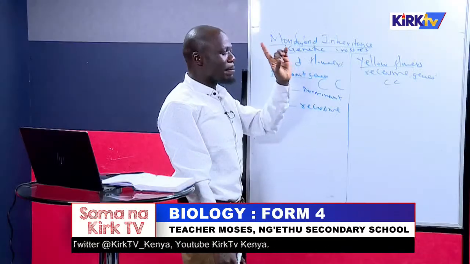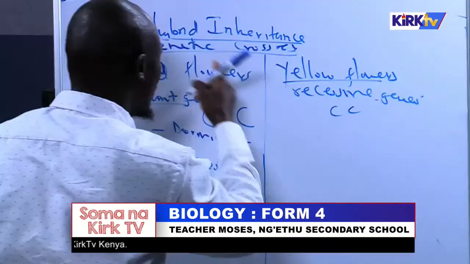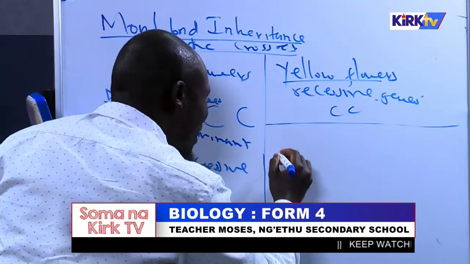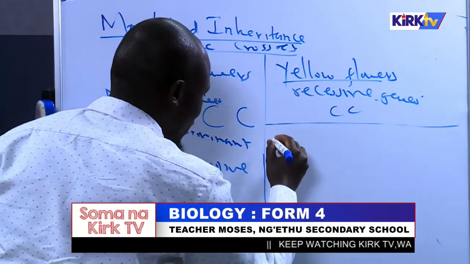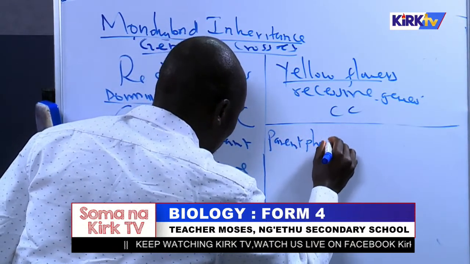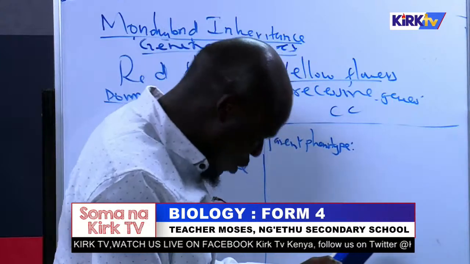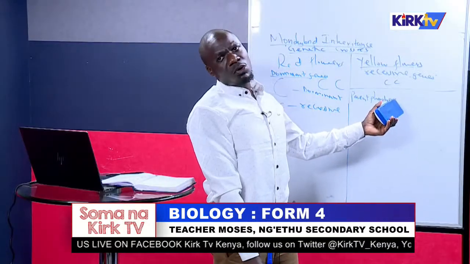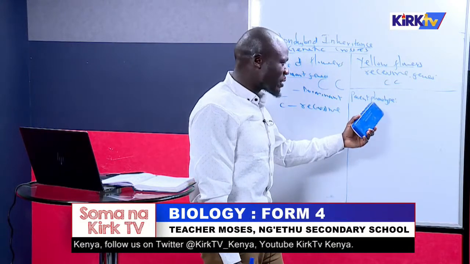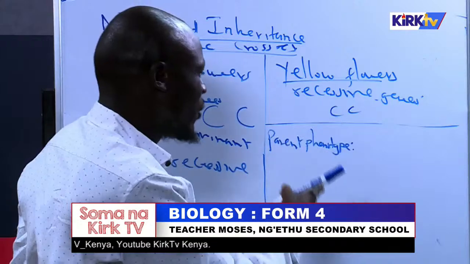I said that they must be presented in pairs. Now we come to this point. Now we want to represent them using the genetic crosses. We start with the parent phenotypes. The symbol to represent the male and the symbol to represent the female, I'll be having my symbols just slightly above the parent phenotype.